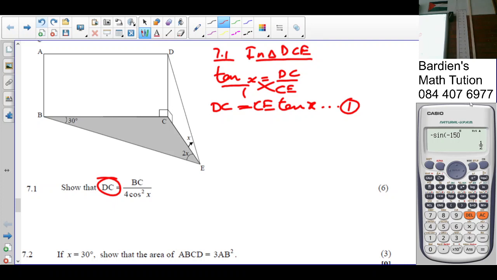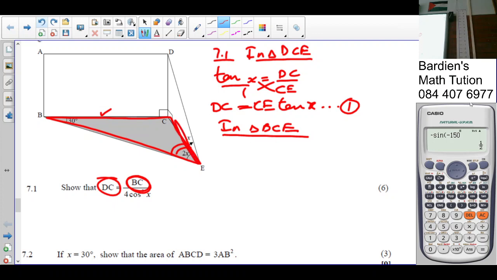So now we say, okay, in this other triangle, triangle BCE, there is a BC which we need to pick up. So I can say BC over sine 2x, and we must use CE, so it's CE over sine of 30 degrees. Remember, sine of the angle over that length, and sine of the angle over that length.